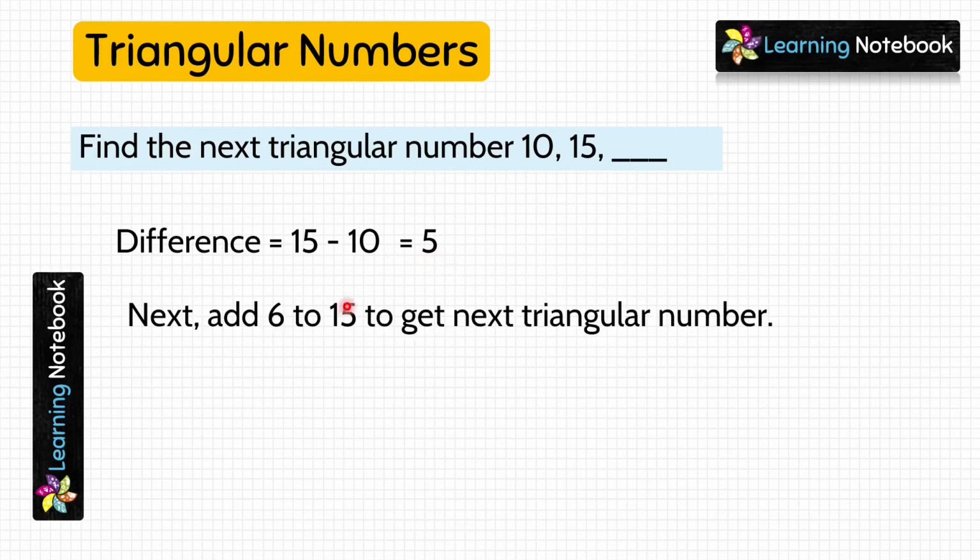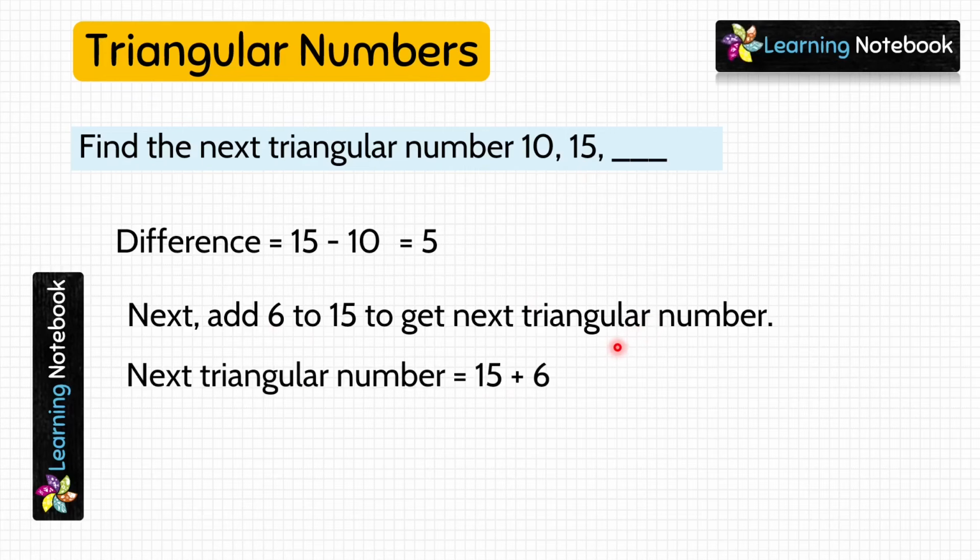In the next step, we will add this 6 to 15, this triangular number, to get the next triangular number. So 15 plus 6 equals 21. So this is our answer. The next triangular number is 21.